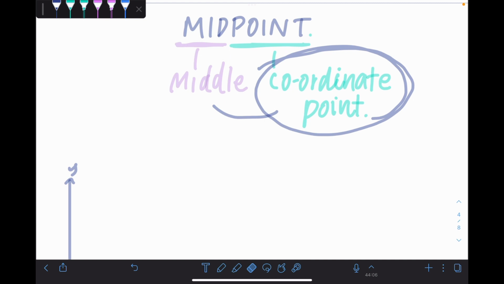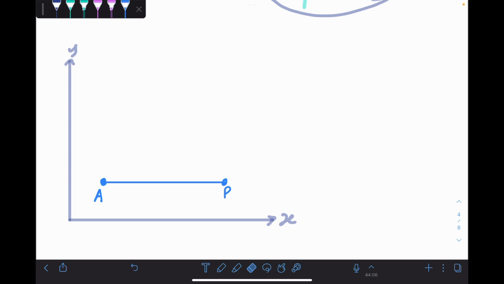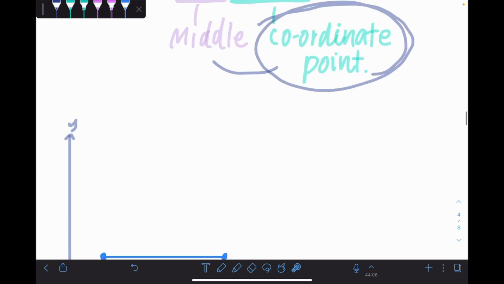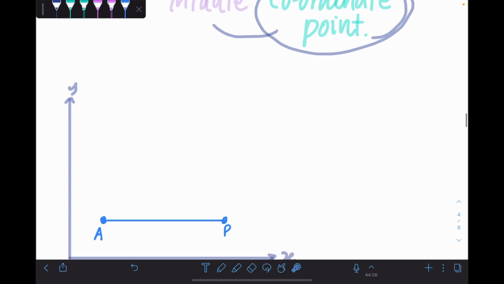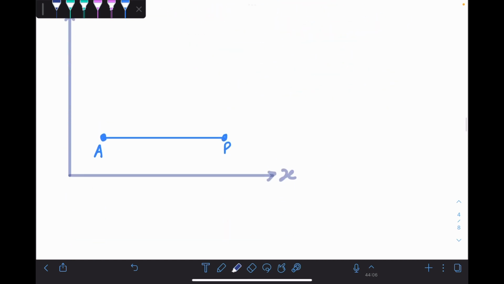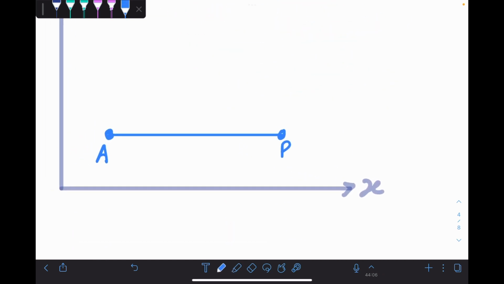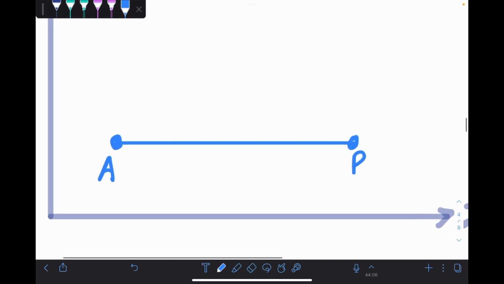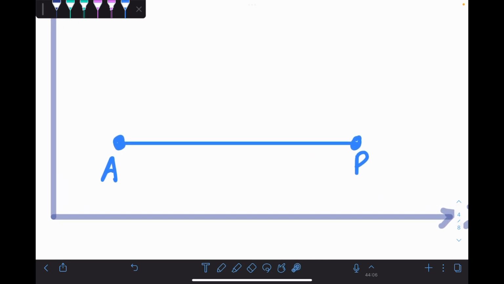So here's a graph I've prepared earlier. I've got two points, point A and point B, which make a nice little line called AB, and I'm going to find the coordinate point in the middle, or the midpoint for lack of a better term. I'm going to zoom in a little bit. This is AB, and the middle's around here-ish.